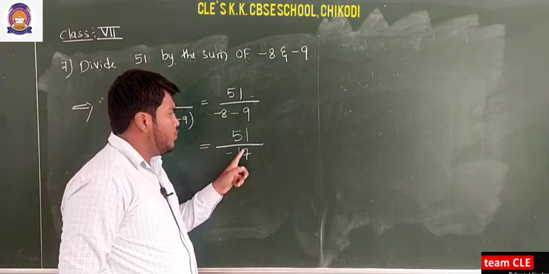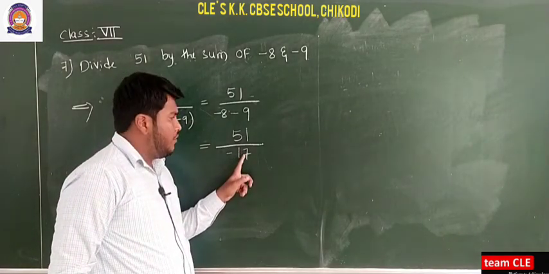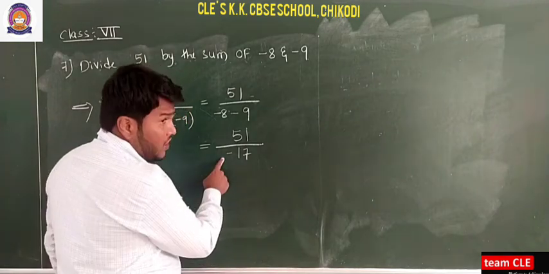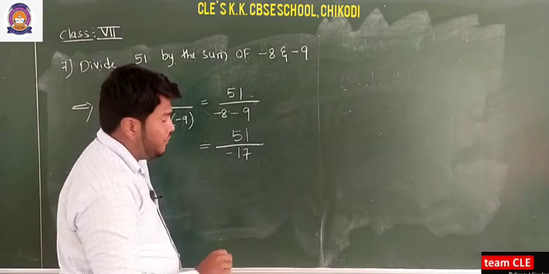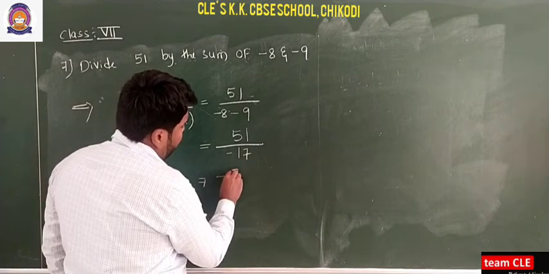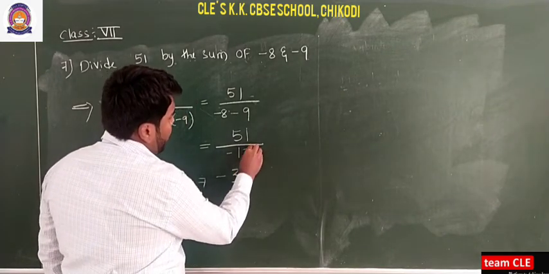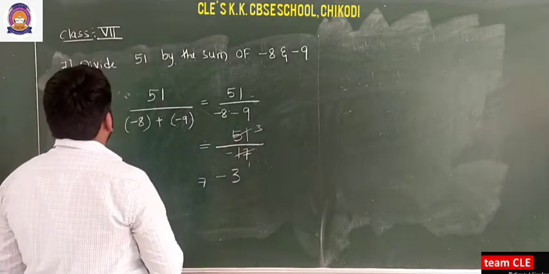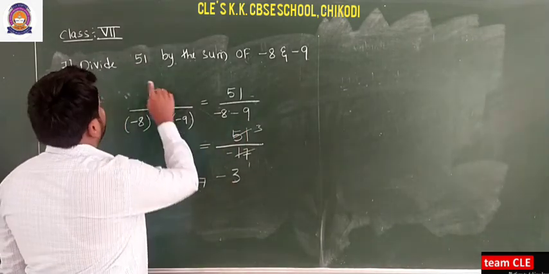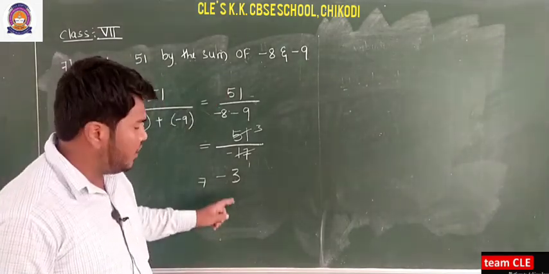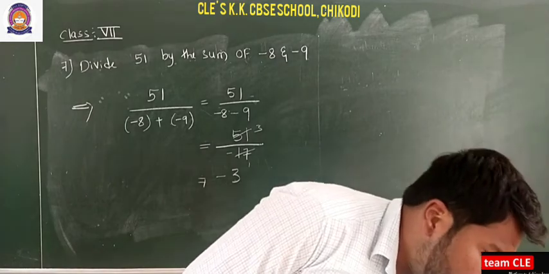Now you all know the 17 table: 17 ones are 17, 17 twos are 34, and 17 threes are 51. So 17 threes are 51, which means the answer is minus 3. So dividing 51 by the sum of minus 8 and minus 9, the answer you get is minus 3.